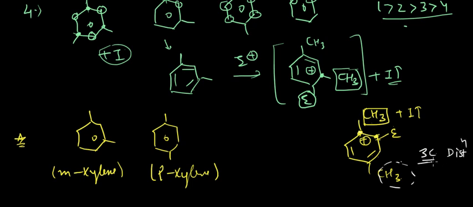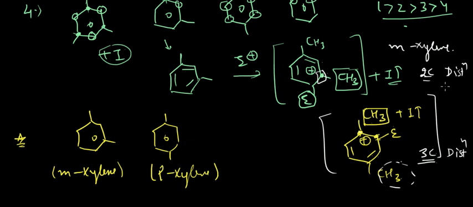While in case of metaxylene carbocation formation, we have positive charge at this carbon position, which is 2 carbons distance away. So in case of the metaxylene intermediate, the other CH3 group has more inductive effect on the carbocation. Hence the other CH3 group of metaxylene is also contributing to the stability of the carbocation, which was added to the ortho position of the other CH3 group.